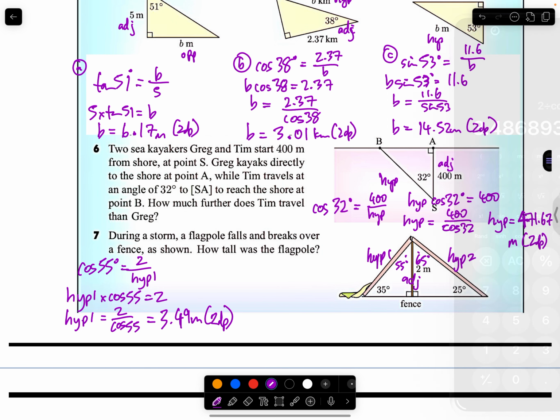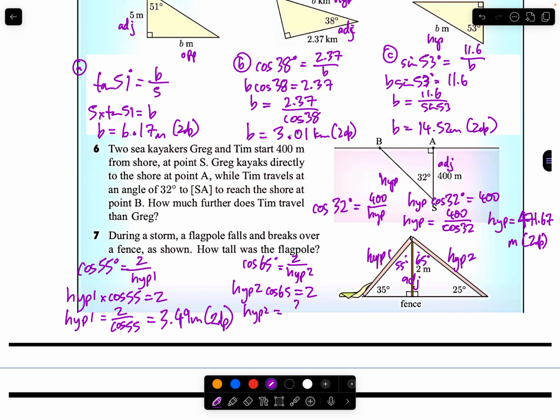That's part of the flagpole. Now, same maths, cos 65 degrees equals adjacent 2 over hypotenuse 2. Hypotenuse 2 cos 65 equals 2.